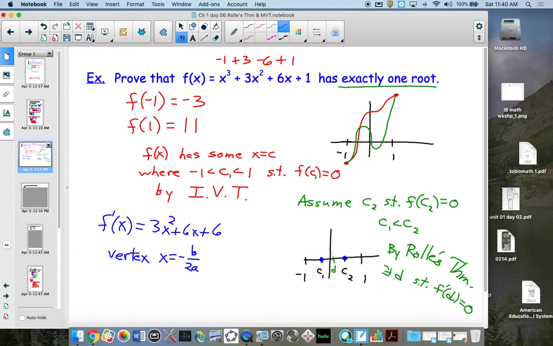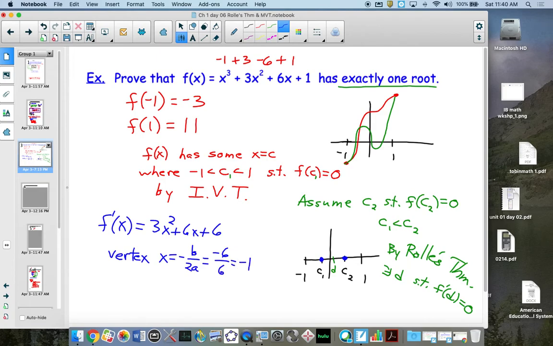I know this is a parabola that's opening upward. The derivative graph is a parabola opening upward. And x is equal to the opposite of b over 2a, so that would be negative 6 over 2 times a, where a is 6, negative 1.